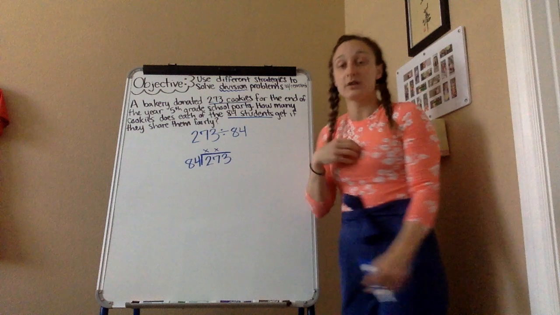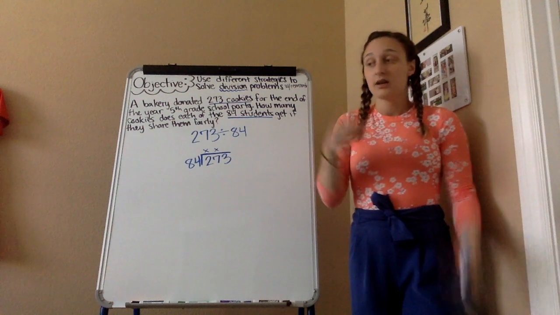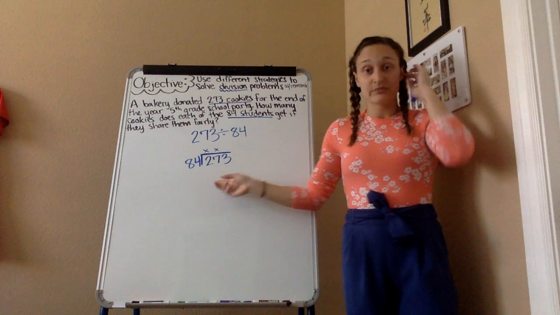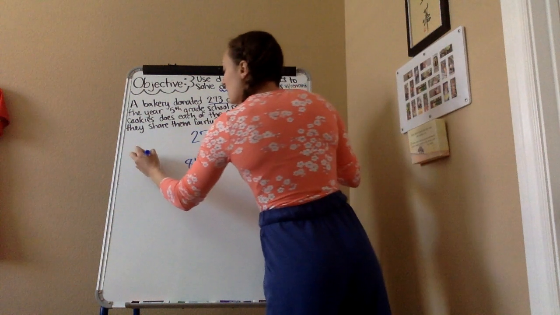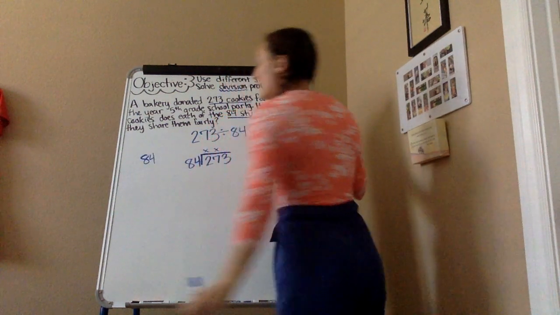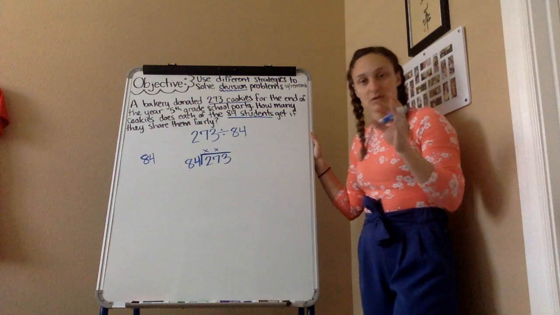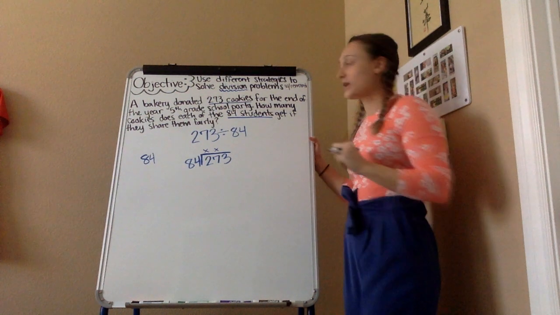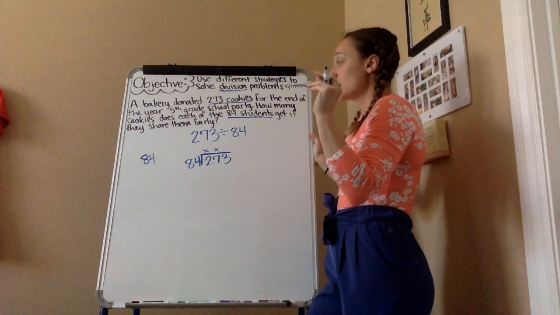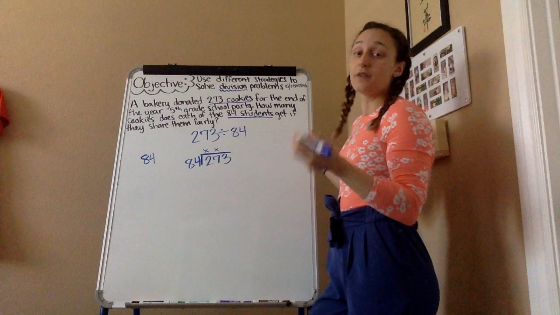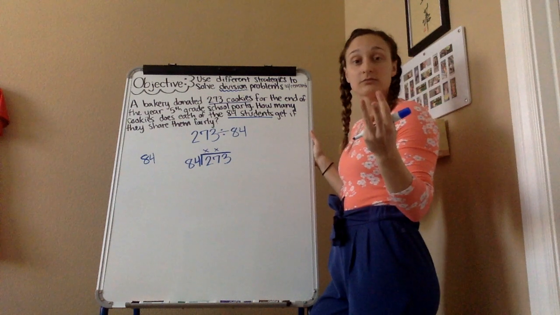So what I'm going to do is share with you how my head is going to work a little bit to help me with this long division. In my head, 84 is very, very close to 100, give or take 20 or so. And 273 is very, very close to 300.